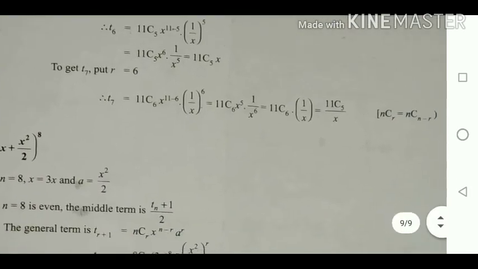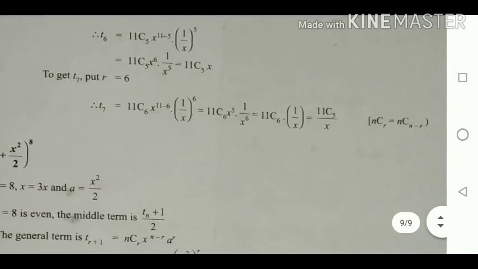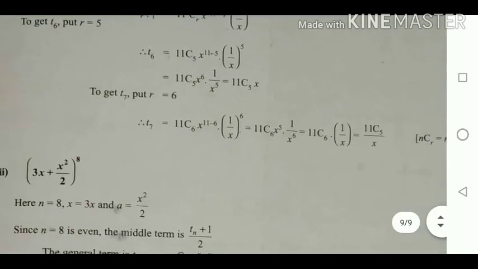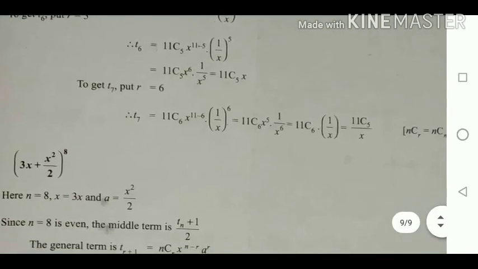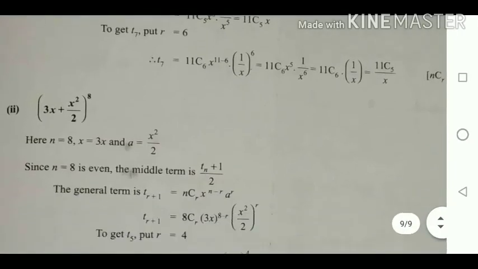Now nCr equal to nC n minus r, that is 11 minus 6, which gives 5. Therefore 11C6 1 by x is equal to 11C5 by x. So these are the two terms we are finding here.